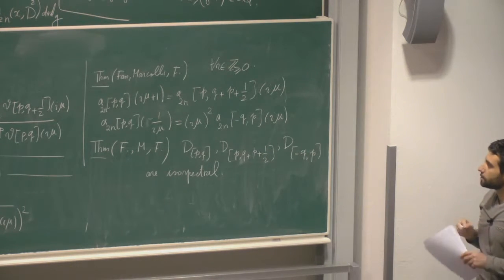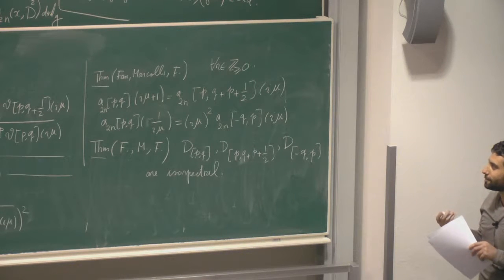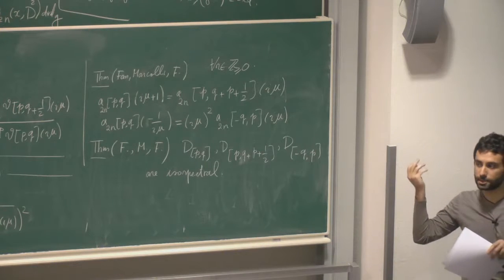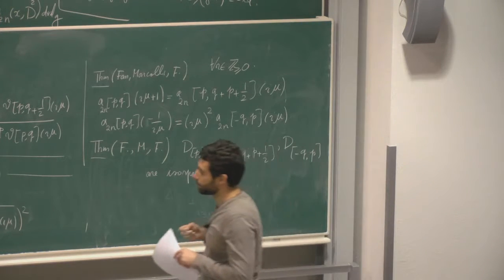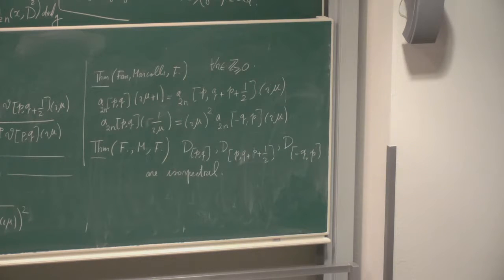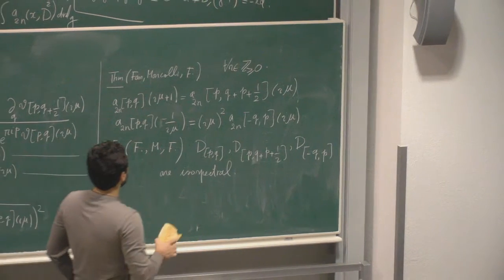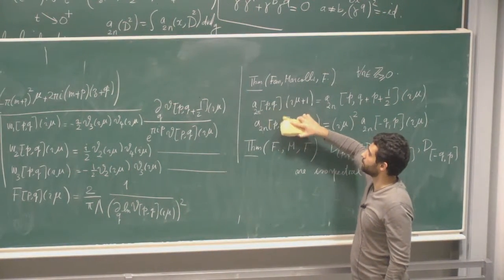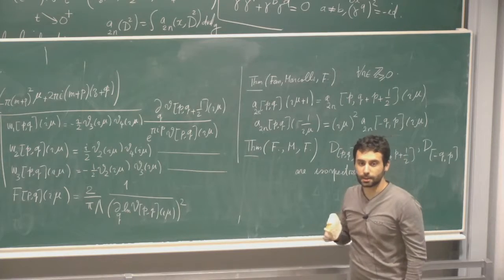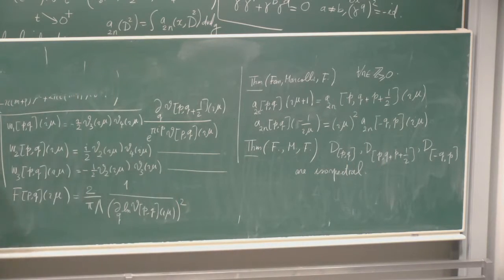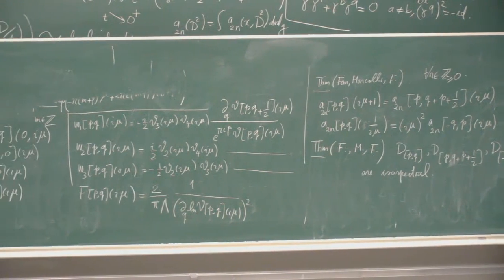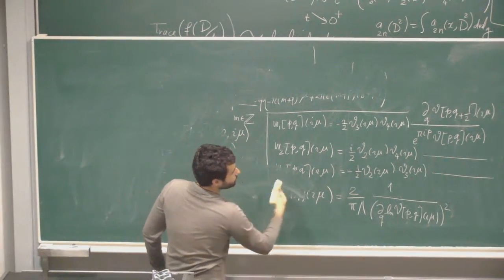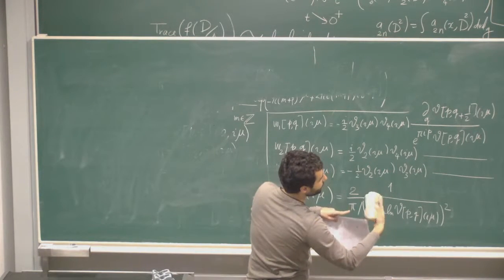Then the question is how we can relate these vector-valued modular forms to some well-known modular forms, like the Eisenstein series and the modular discriminant that I just wrote down. They have a periodicity property with respect to P and Q: if you change P to P plus 1 or Q to Q plus 1, there is no change in these Seeley-DeWitt coefficients. If you start with rational P and Q, the orbit has finitely many points.